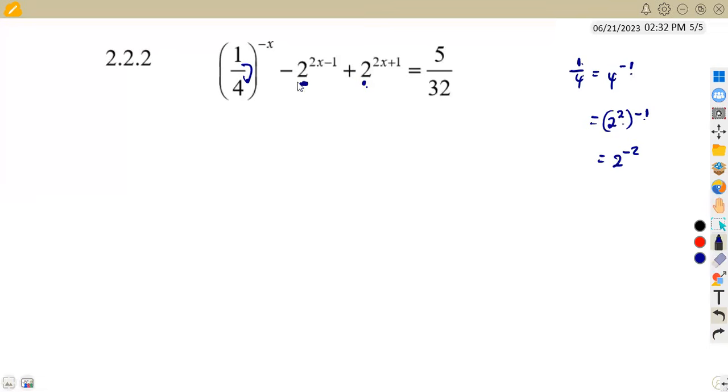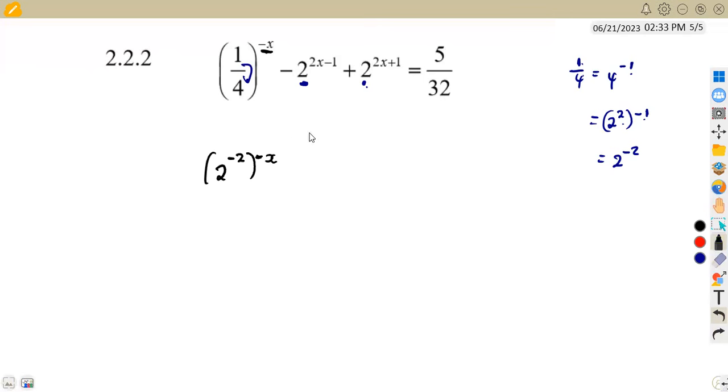So 1 over 4 can be written as 2 to the exponent of negative 2, and there's already an exponent of negative x, so the whole part is raised to the exponent of negative x.